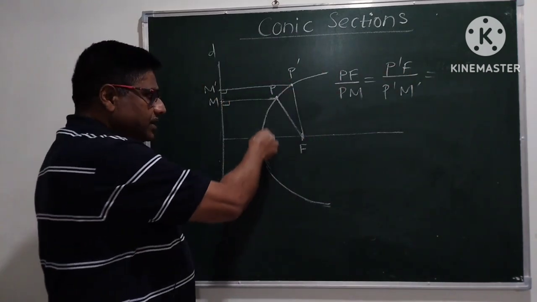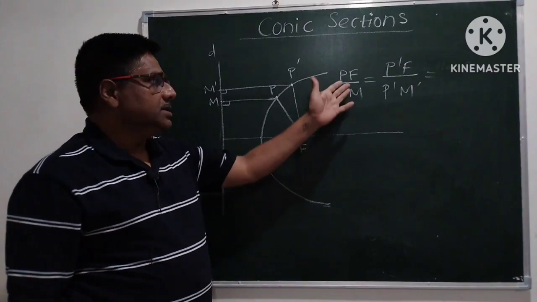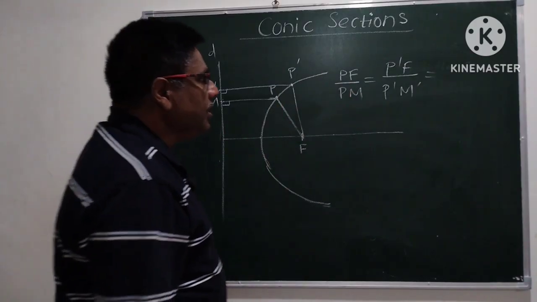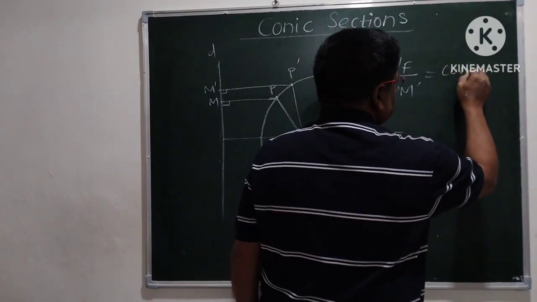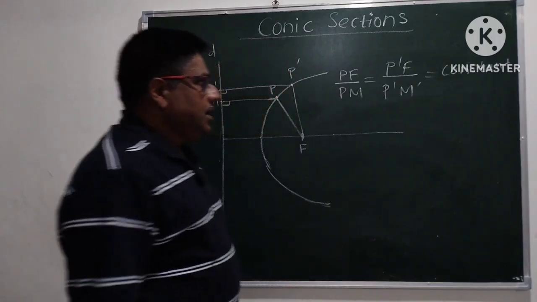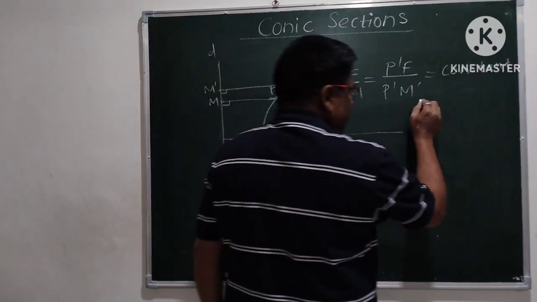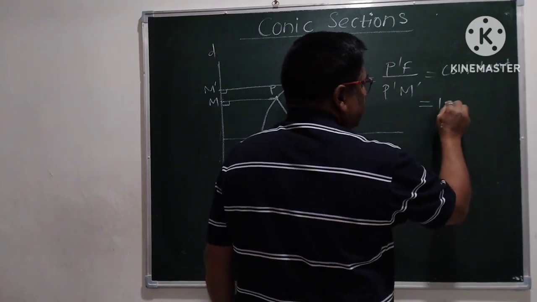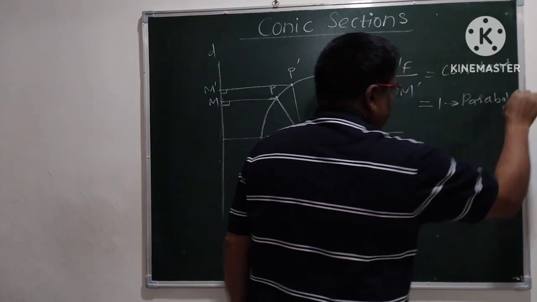Like this, we have infinite points on this curve, and every time we take this ratio, we get the ratio constant. If this constant is 1, then we get a parabola.